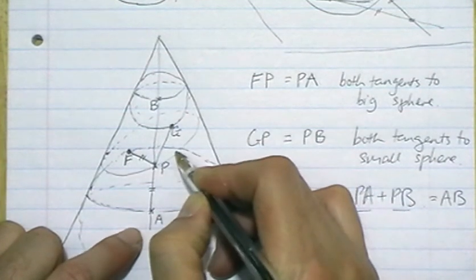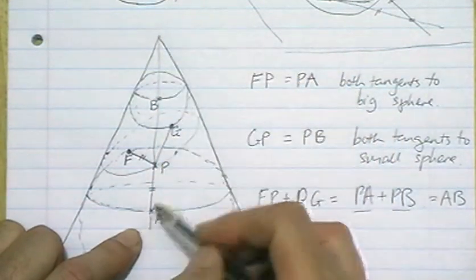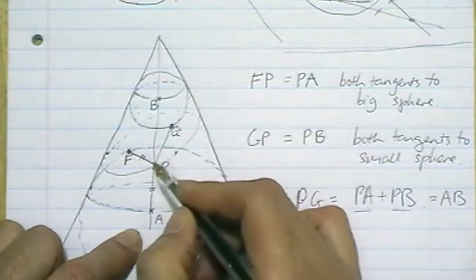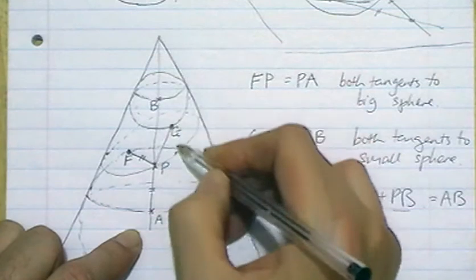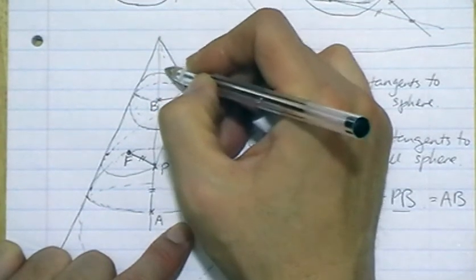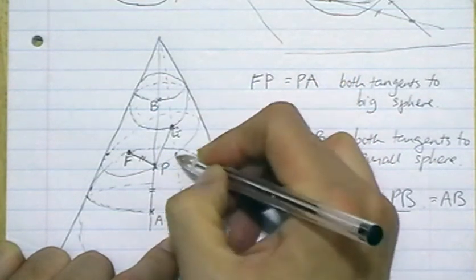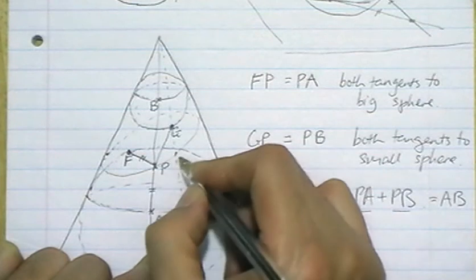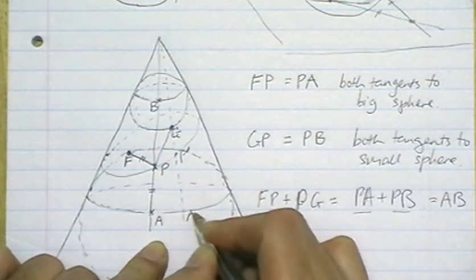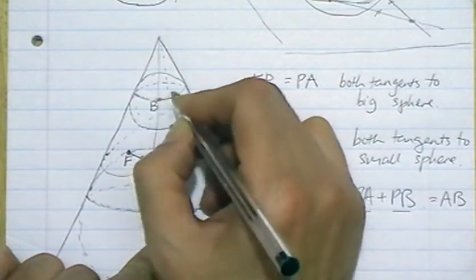Now if P moves to here, then I would use this line. So if P moves to say P prime, then A moves to A prime here, and B moves to B prime.